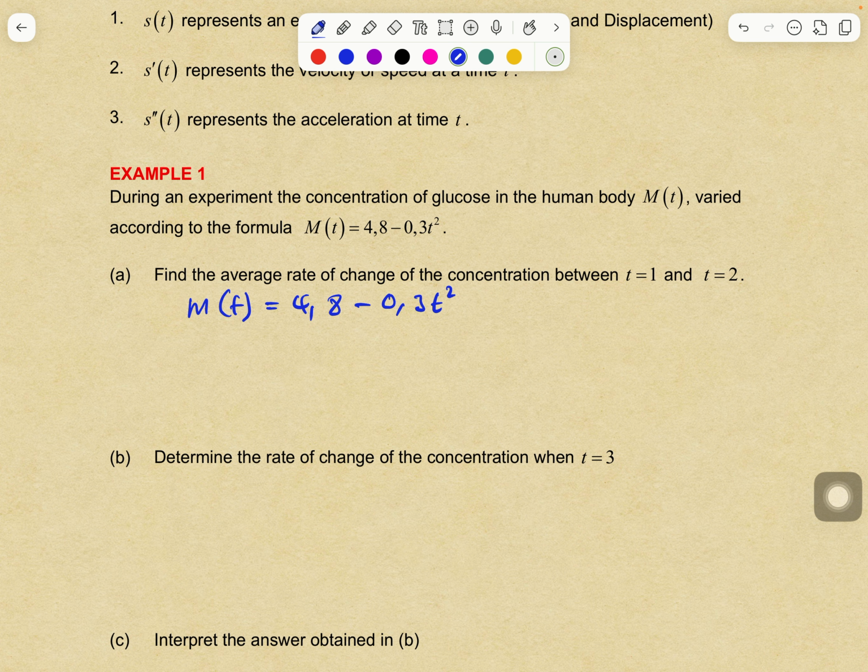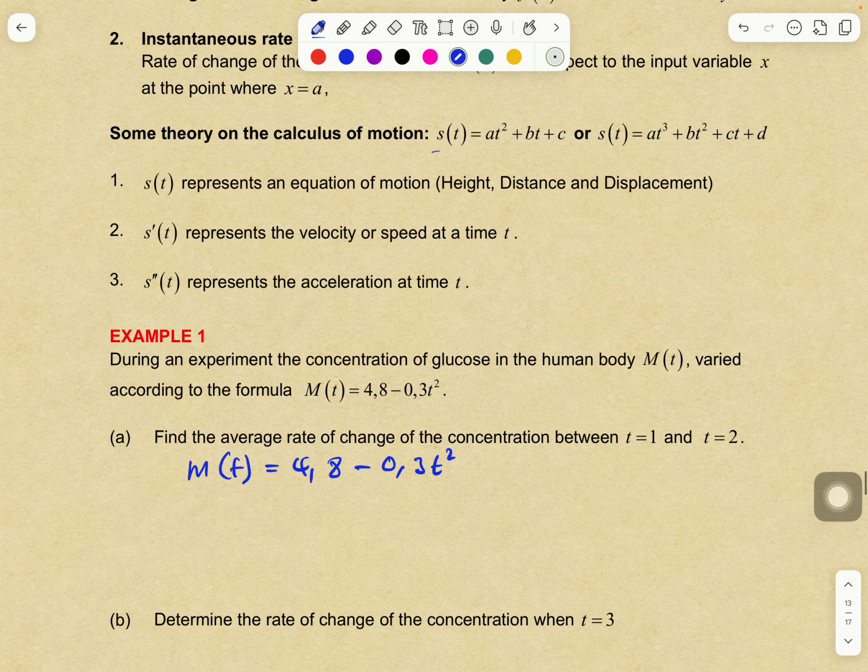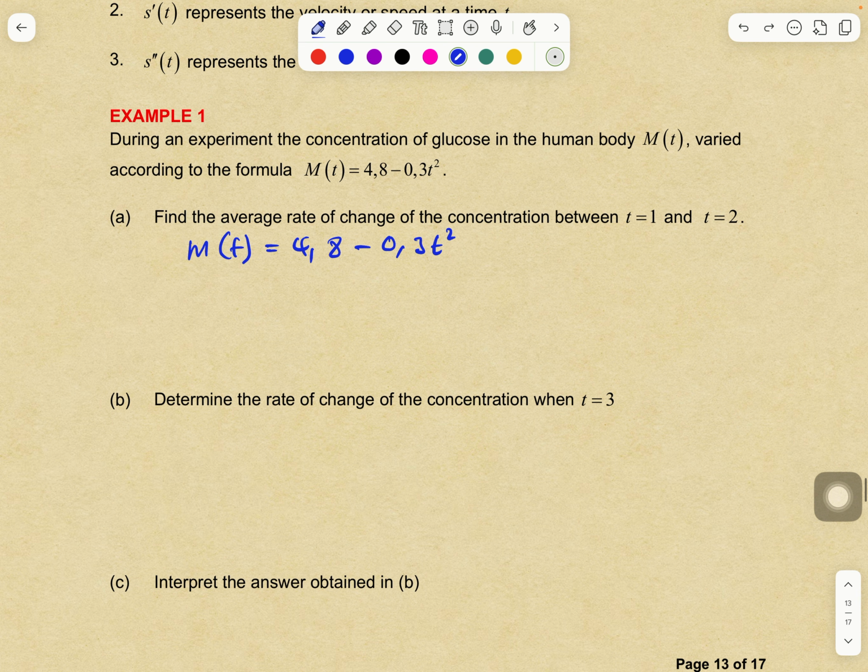That is the formula. Remember, I said we can use s of t. We can even use c of t. Sometimes they will use c of t. It's a function of t. You don't need to really stress yourself there.